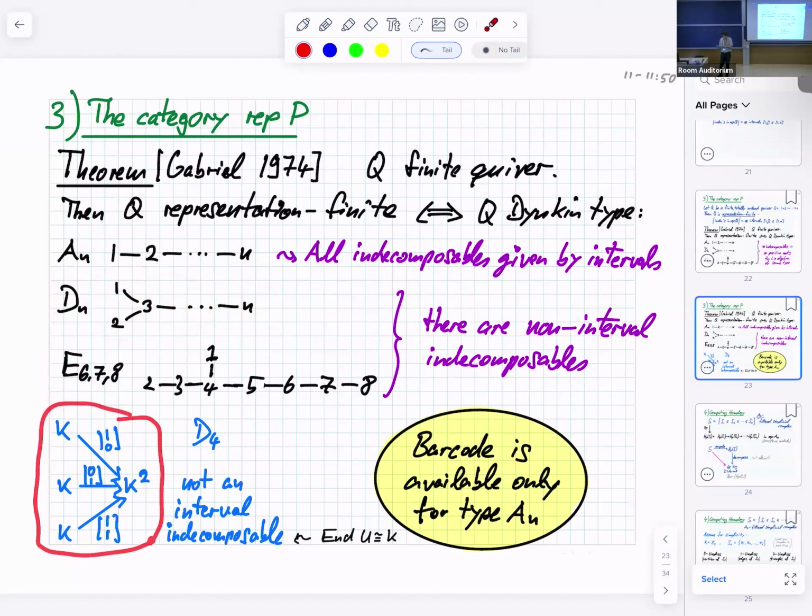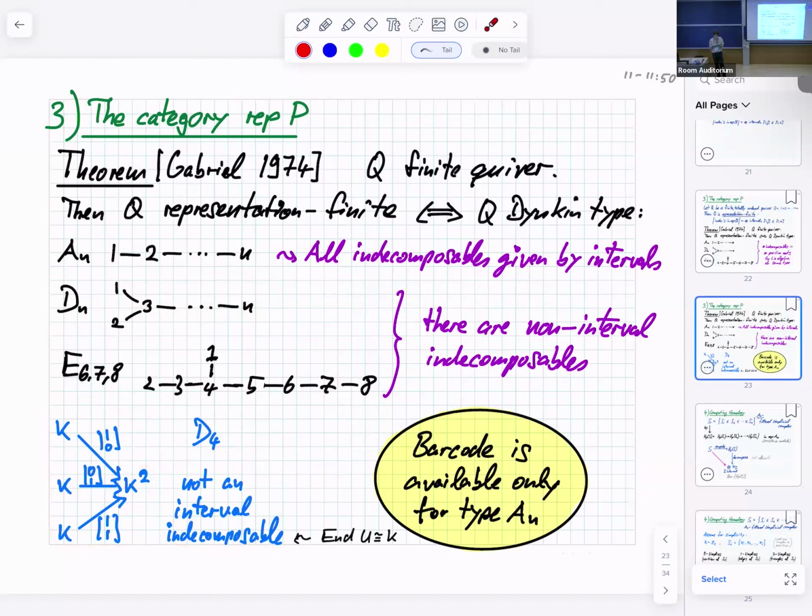It's not the indicator module of any subset, because see here, there's a two-dimensional vector space. The indicator modules just put one-dimensional vector spaces wherever I have the subposet. That one here is certainly not of this form. So there are modules which are not interval modules, but are indecomposable. I leave it to you as an exercise to compute that this is an indecomposable module.